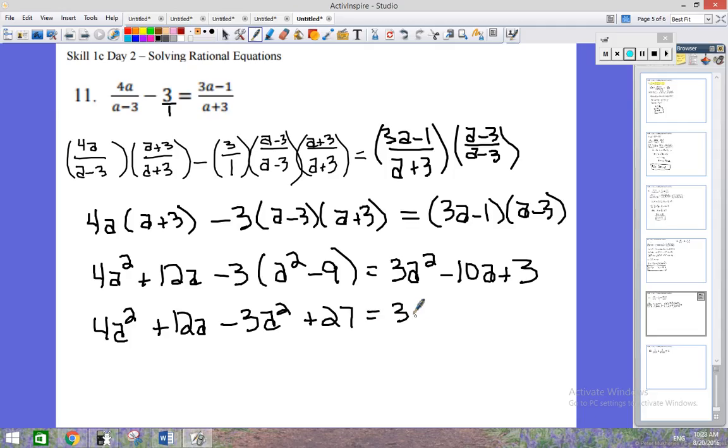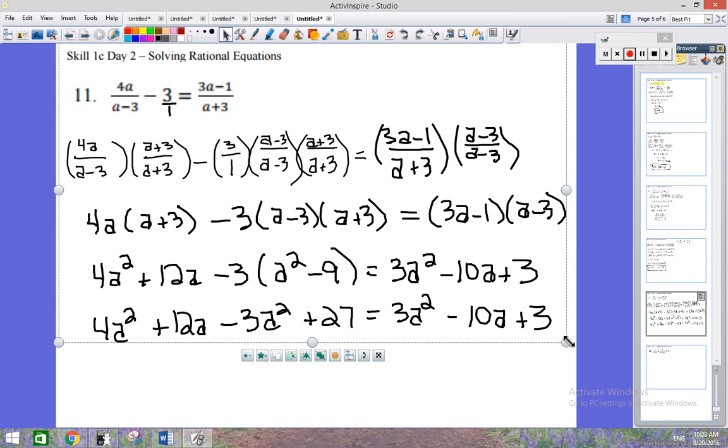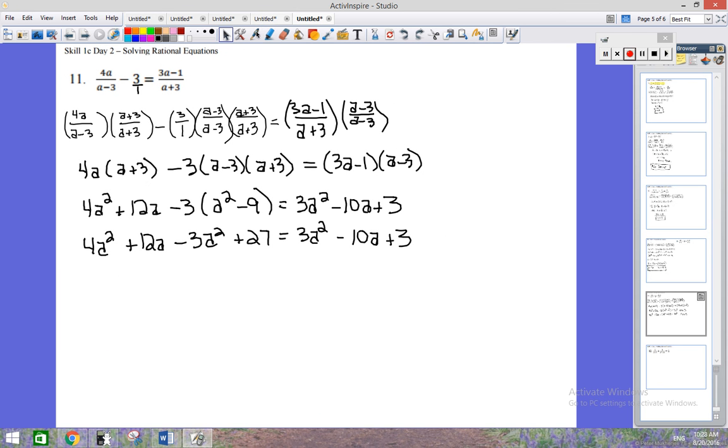We have a quadratic equation. We want to get 0 on one side and everything else on the other.